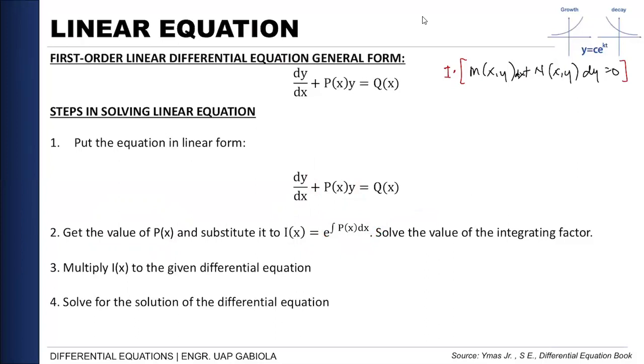And then, once we have the value of the integrating factor, we need to multiply that to the original differential equation. And then, we can now solve the differential equation using the previously discussed methods, which are either exact equation, homogeneous equation, or separation of variables.